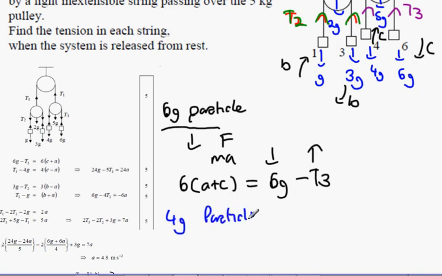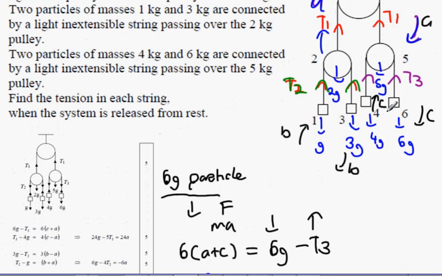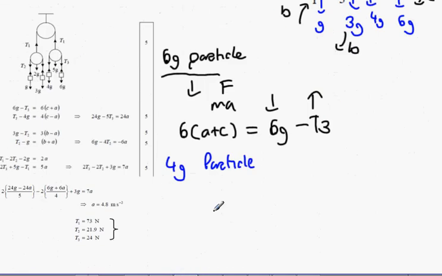Now we're on the 4G particle. You have to make a choice for the 4G particle, and you can't make the wrong choice. Overall, do you think it goes up or down? The truth is you don't know, because you don't know if C going upwards is bigger than A going downwards. So you'll make a choice. Let's choose that overall it goes down. Mass by acceleration is going to be 4.